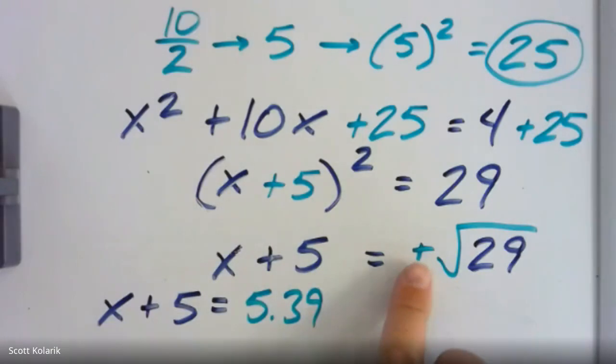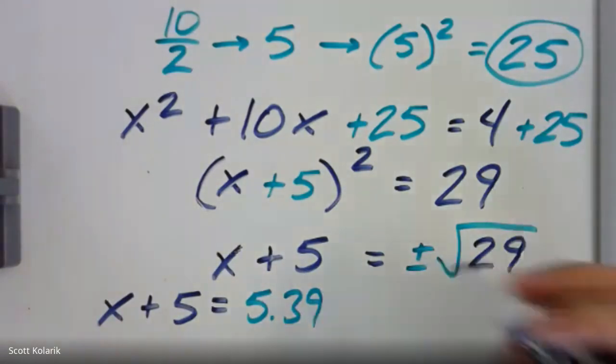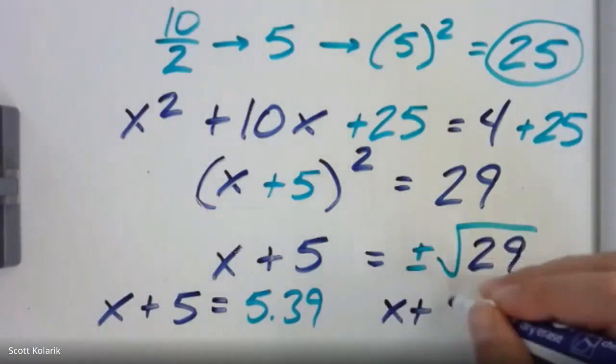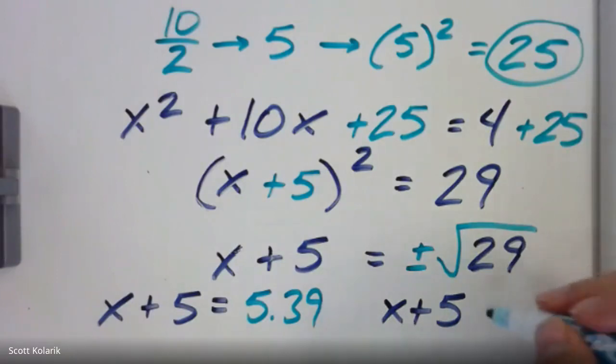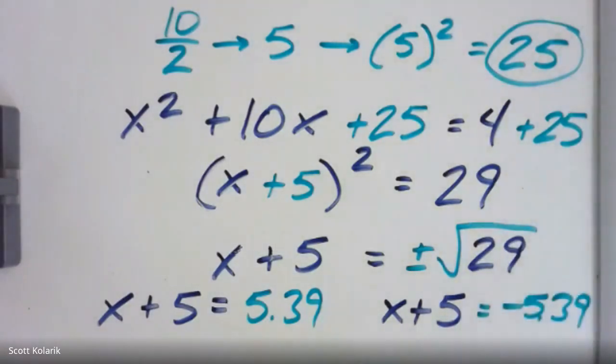That's that positive right there. Or that x plus 5, that thing on the left, will equal the negative version, which will be the same thing, but the negative 5.39. And so again, I go through the same process, and in both of these versions, I'm going to be subtracting 5 to the other side to get my values.